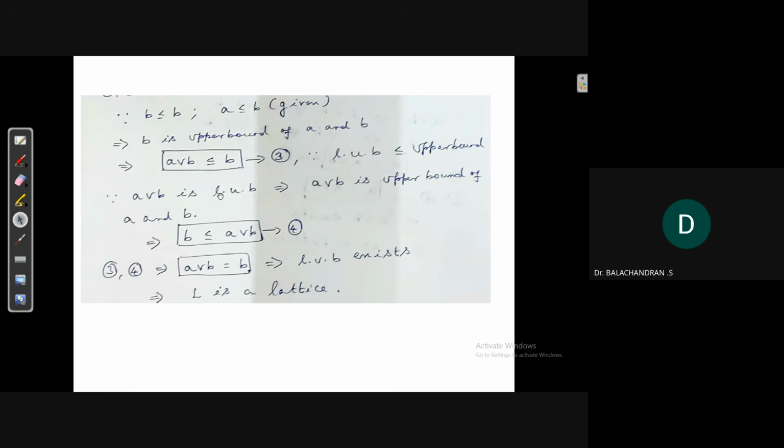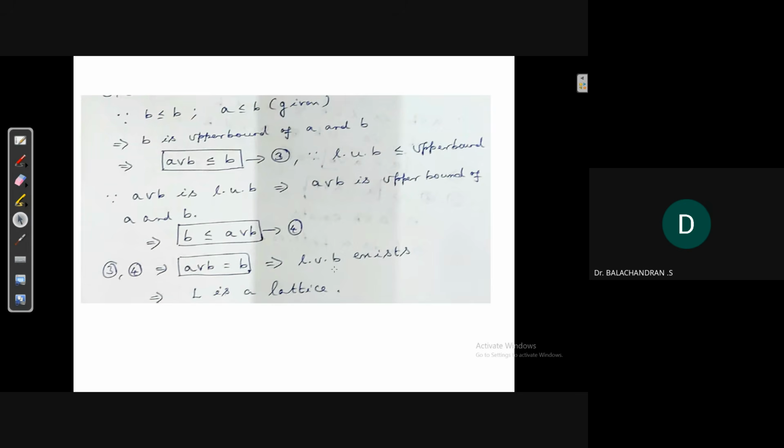Because it is a least upper bound, it should be an upper bound of A and B. So this quantity is an upper bound of A as well as an upper bound of B. I am writing this quantity is an upper bound for B. So that's why B less than or equal to A or B. It is also an upper bound of A, but I don't need it here. So from 3 and 4, we have A or B equal to B.